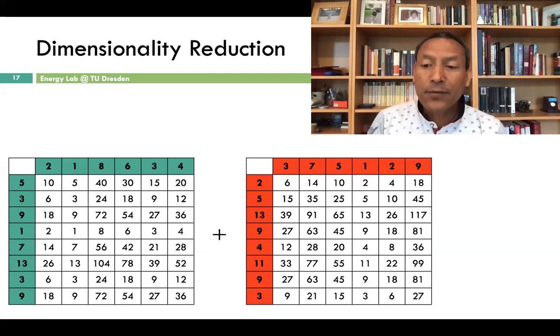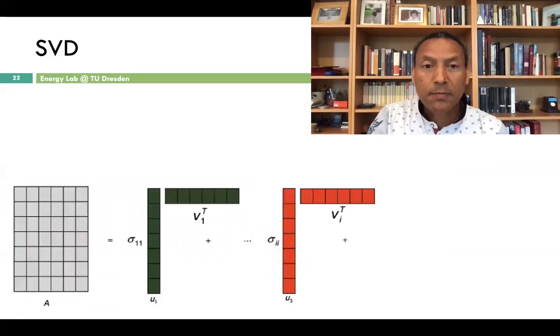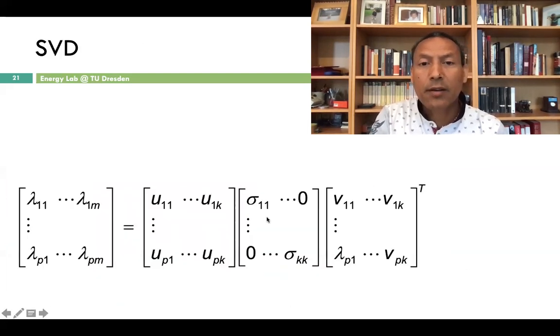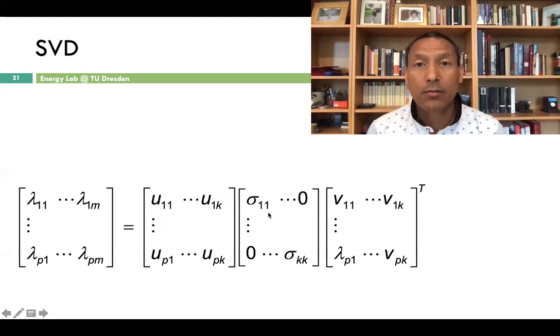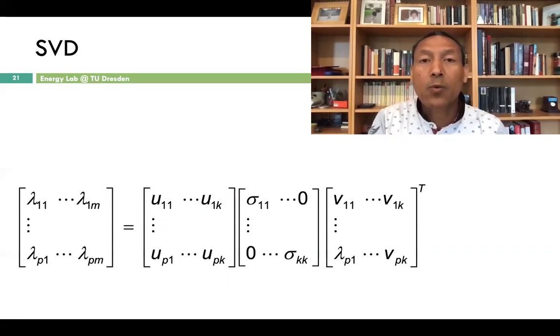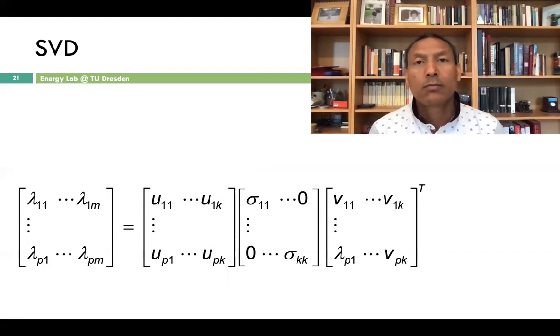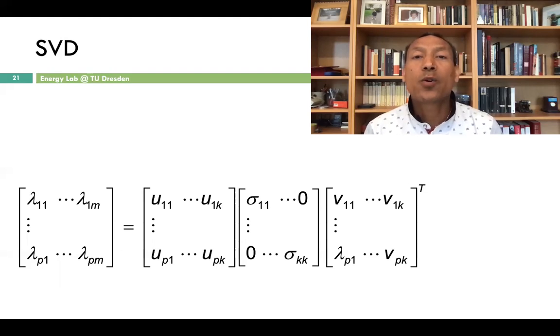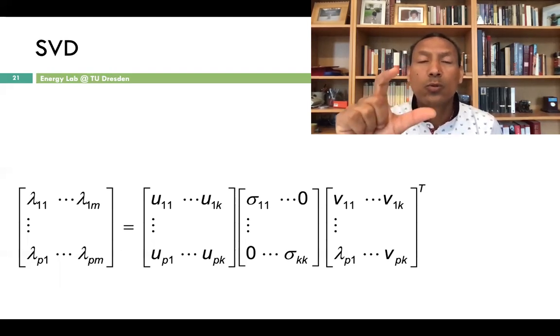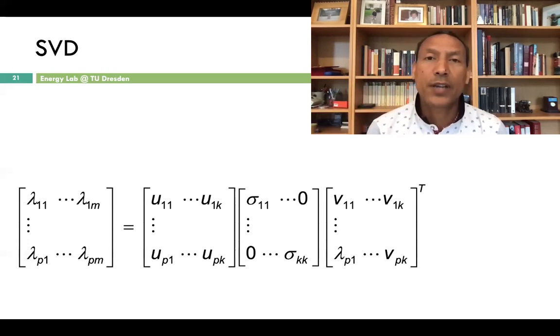For example, if the sigma values here are different from one another, for example, if the difference between sigma 11 and sigma 22 is in the order of 1000, we can approximate the original matrix just using two sets of basis vectors and then reject all the other ones.